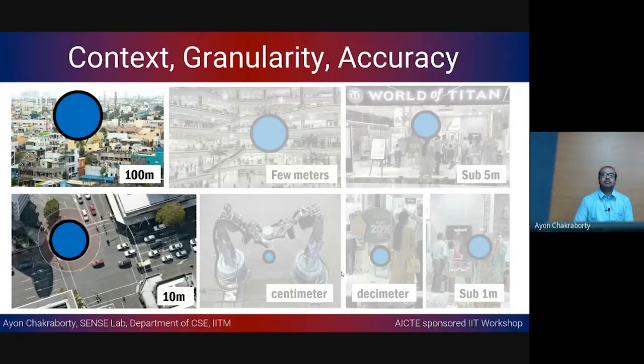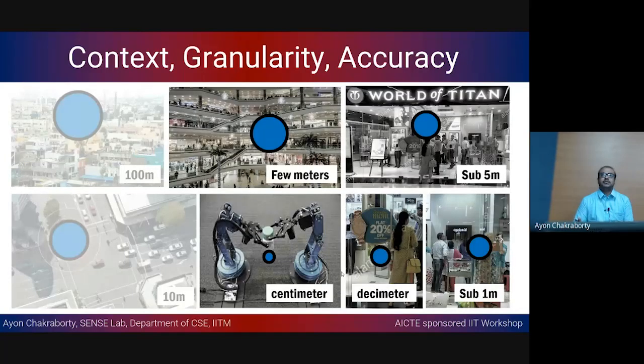And on the right hand side, which I call a little bit more challenging, because we do not have GPS indoors. So primarily these are cases of indoor localization, where you have to be first of all more accurate, right. 10 meters within an indoor area might not make a lot of sense unless you are in a big airport or a big shopping mall, right. Suppose you want to have such technologies enabled in a home. In a home scenario, 10 meters is really large, right.